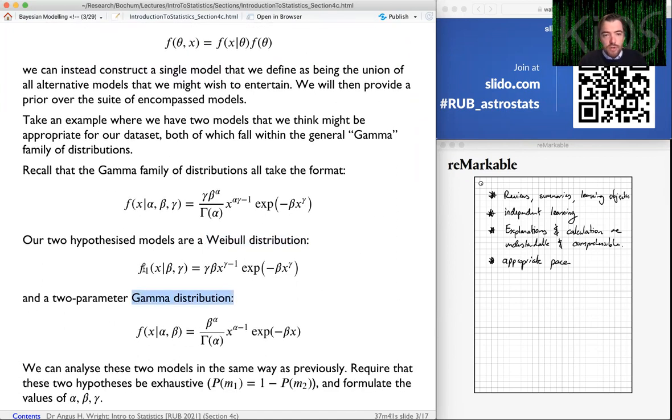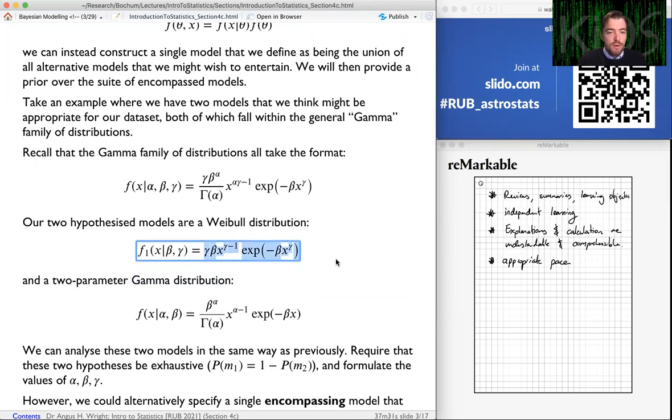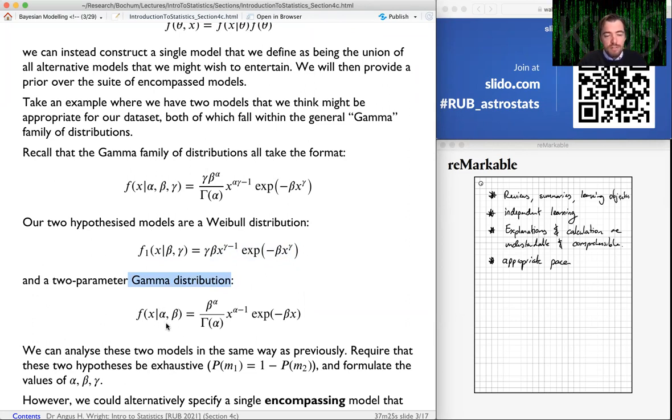Now, the Weibull distribution follows this form. It is a function of two parameters, beta and gamma, and it has this form. The exact form you obviously don't have to memorize. The gamma distribution is a slightly different function with two parameters, alpha and beta, and it takes this form here.